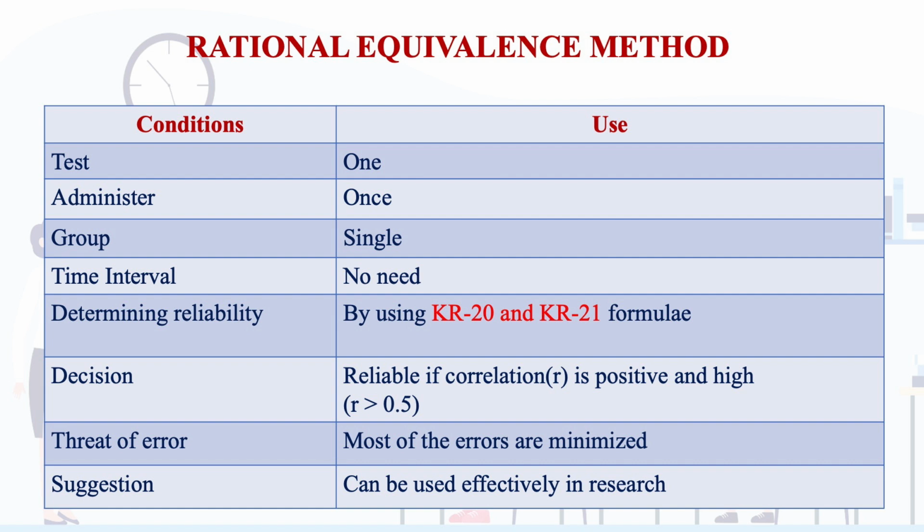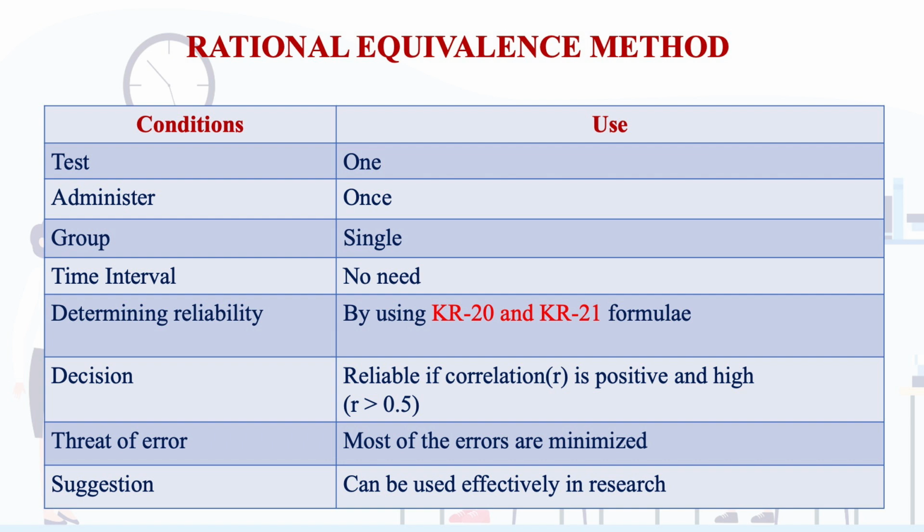The threat of error: there is no question of making any error, and the only error is possible if you wrongly use the formula. If you rightly use the formula, there is no question of error. So I can say this is the best method. It can be used effectively in research and test construction.